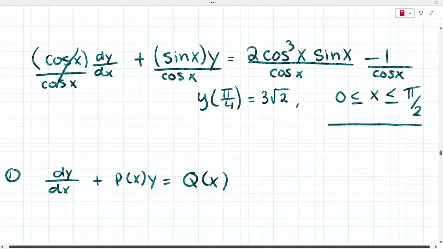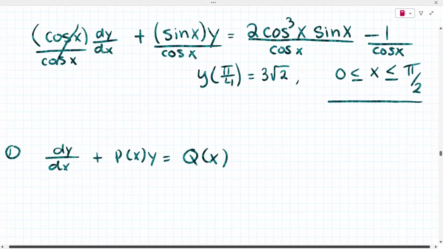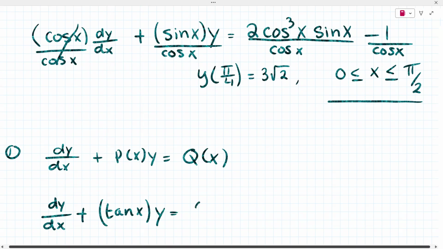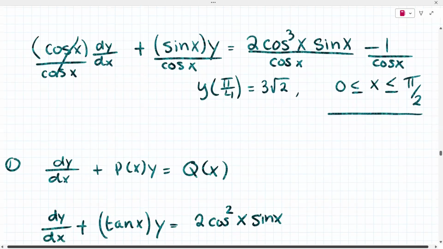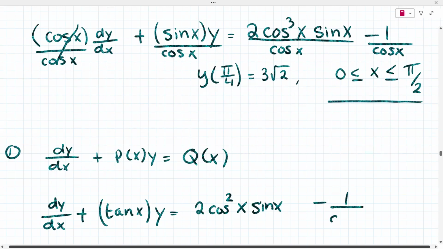So this cancels, and you're left with dy dx plus tan of x times y equals, the cosine cubed of x divided by cosine of x just cancels, so you're left with 2 cosine squared of x sine of x. And then on the right, negative 1 divided by cosine of x is negative 1 over cosine of x.